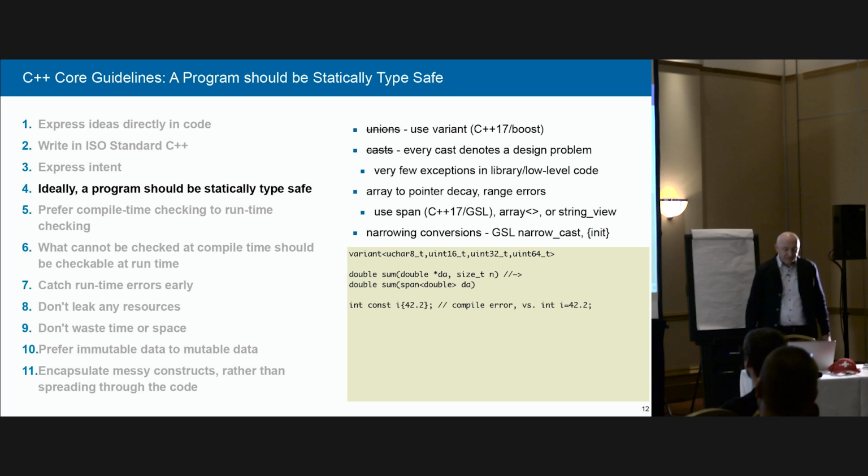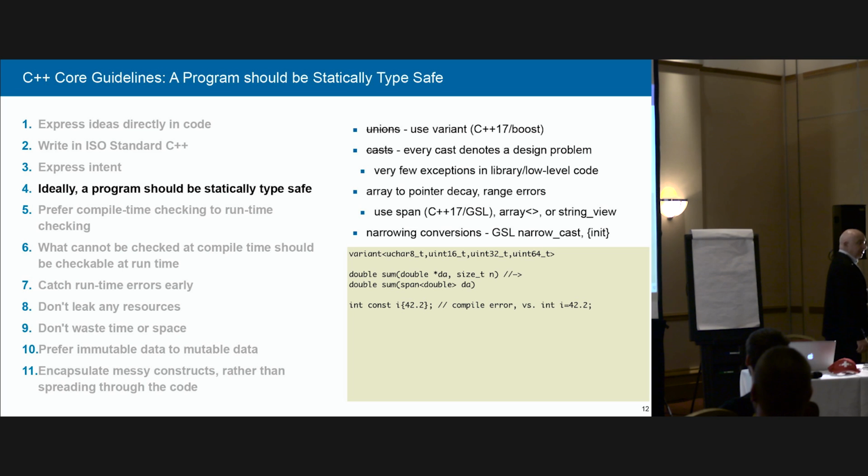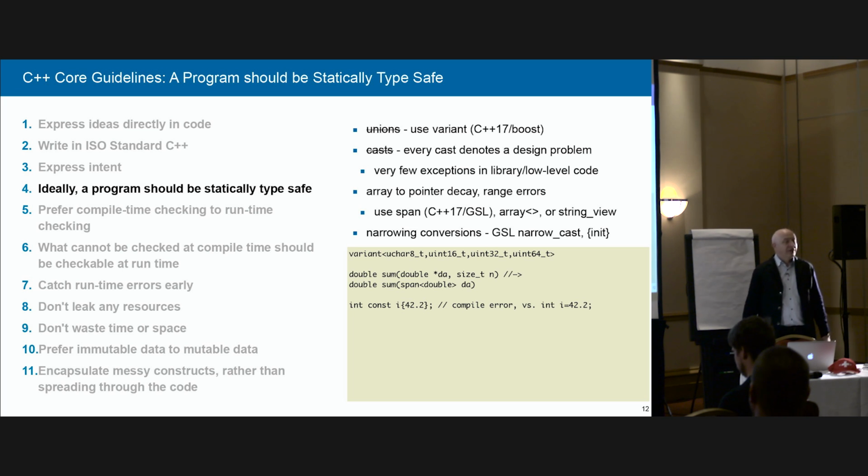But C++ fortunately has a static type system that's interesting. And since C++11 with auto and type deduction, it's really, really useful now because you don't have to spell out all the interesting types. You just write auto and get the right thing deduced by the compiler, and most of the time also by the IDE. When you hover over auto, you will actually see the type that's deduced for it.